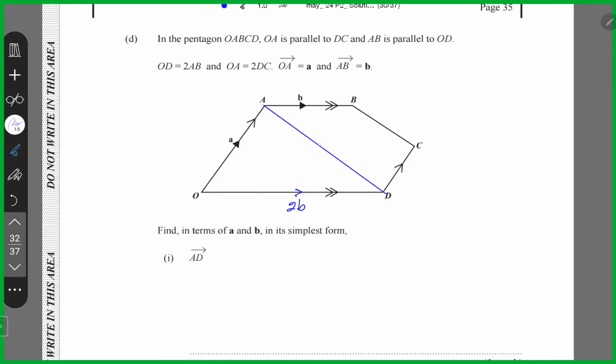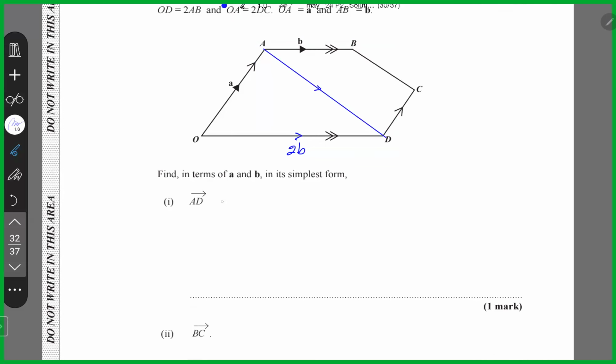Now, AD would be equal to AO plus OD. Now, AO is minus OA plus OD.